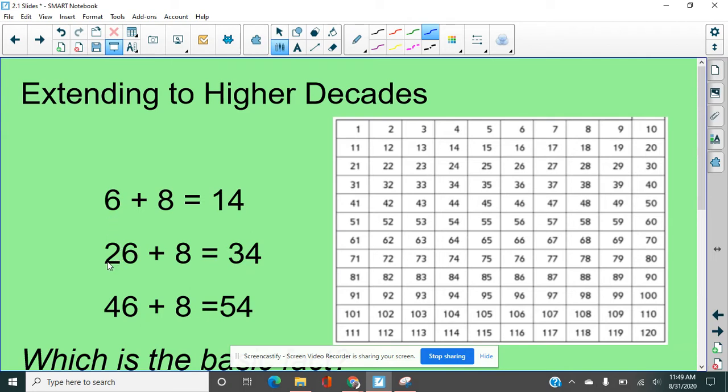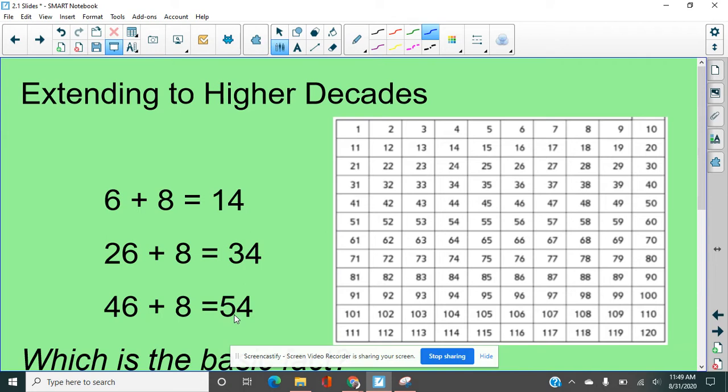You're starting with 20 more. And this does connect to some of the things we've been doing with our number talks. So 8 more than this number also is going to have a 4 in the ones place. Only this time we're going to be at 34. So we ended up with one more group of 10 here. 46 plus 8 equals 54.